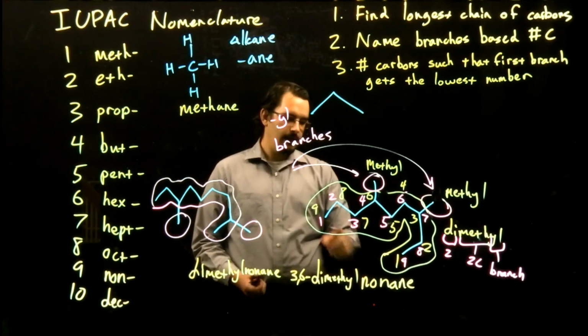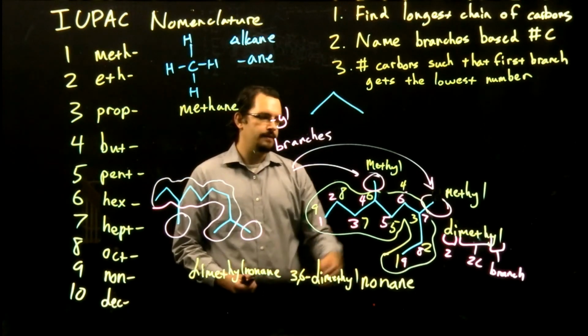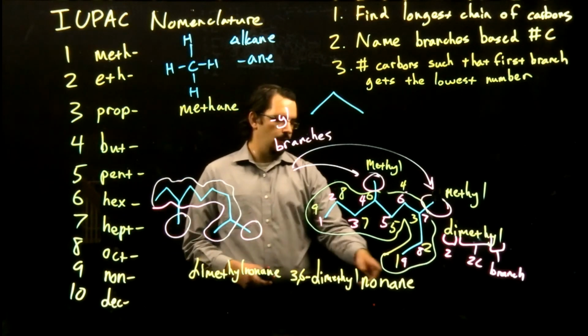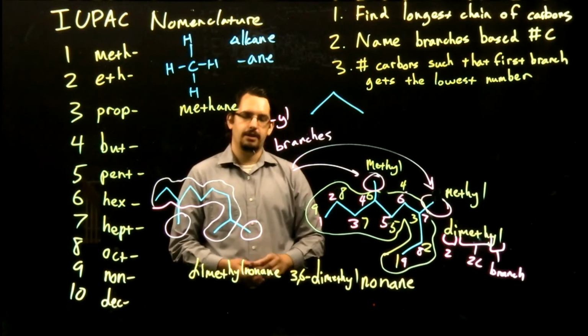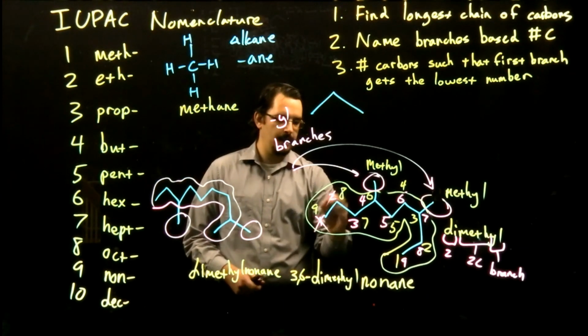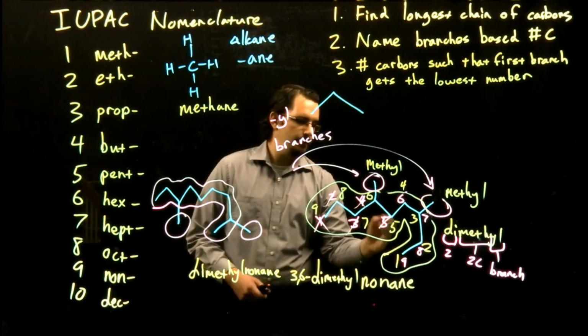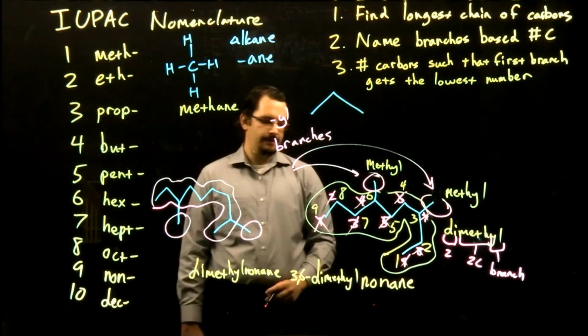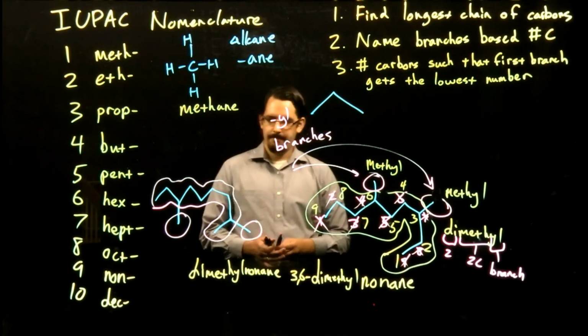In this case, if we count using our pink numbers, the first branch occurs at the 4th carbon. If we count using the orange numbers, our first branch occurs at the 3rd carbon. So we don't want to use our pink numbering system. We use our orange numbering system. That gives us the lower branching number.